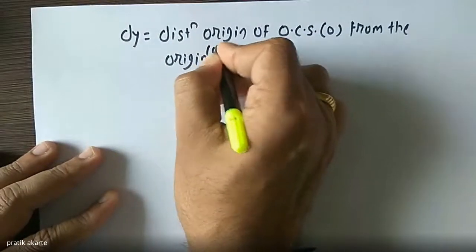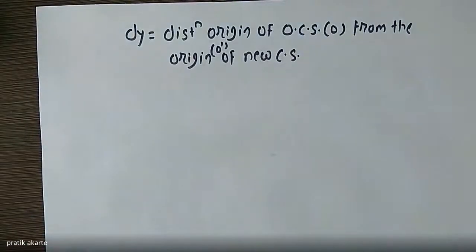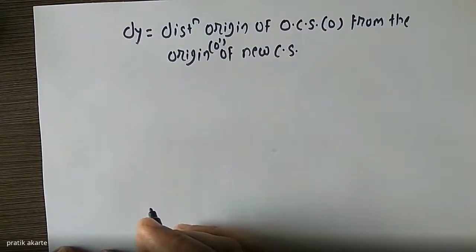This origin is O dash. Okay, that is what we call dx and dy.